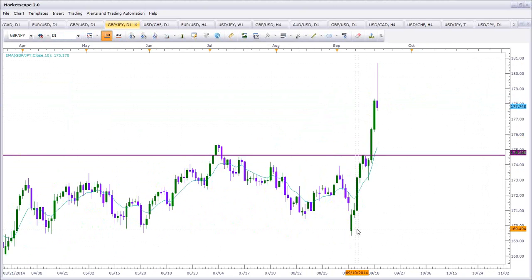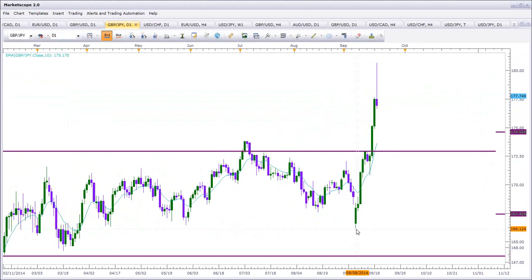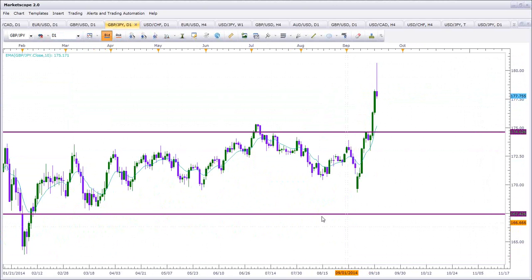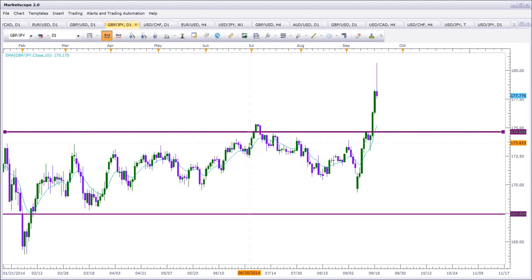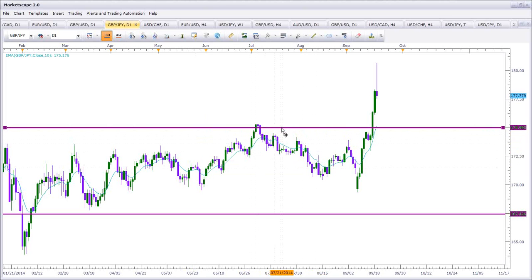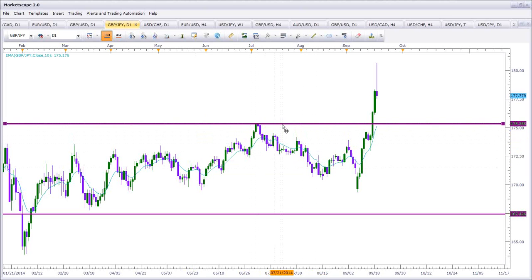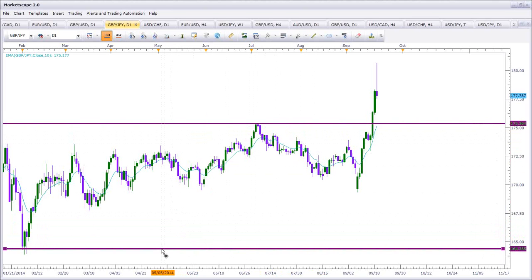When you zoom from the weekly into the daily chart, the shorter term time frame, you see that the lines that you made probably weren't as accurate, right?